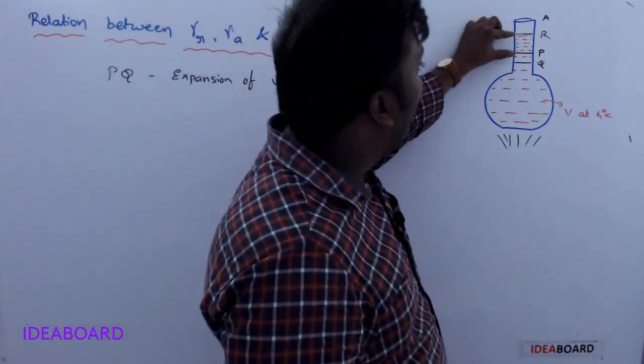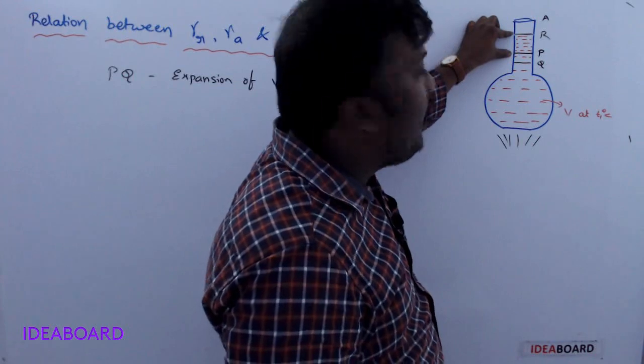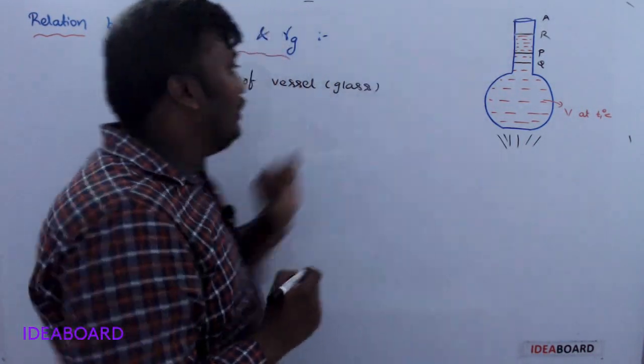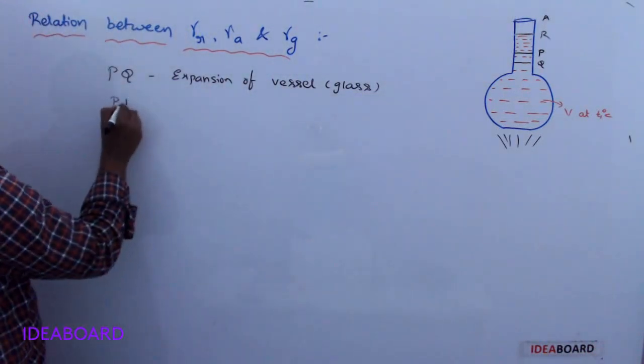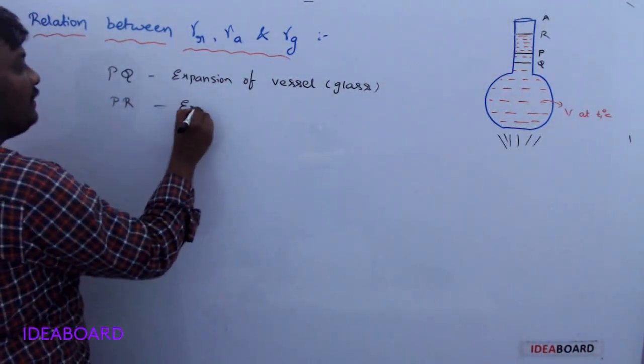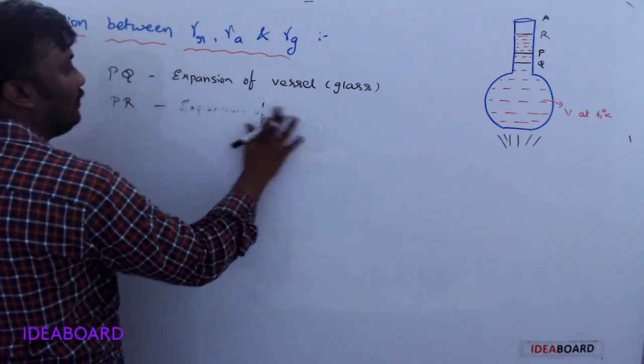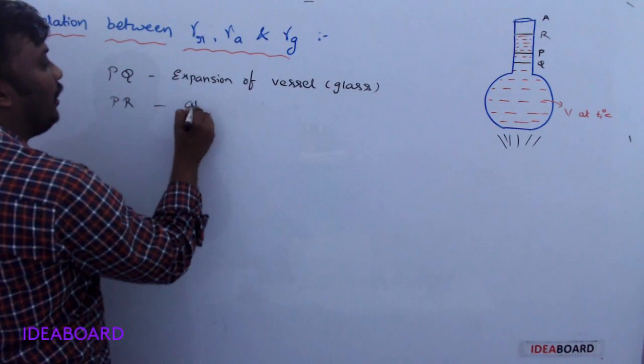So what we observe generally is only from P to R. What we observe is called apparent expansion. So PR represents the apparent expansion of liquid.